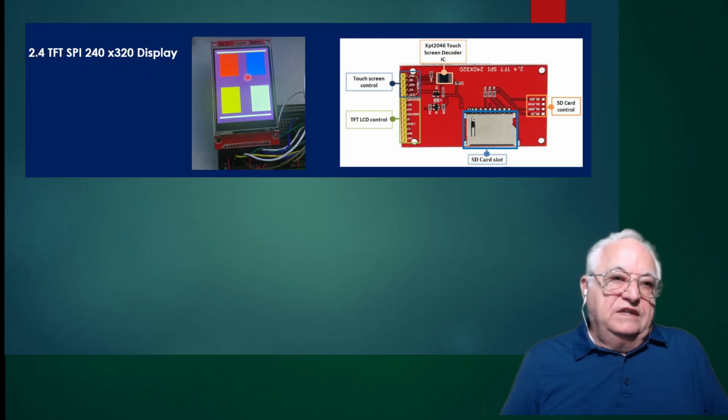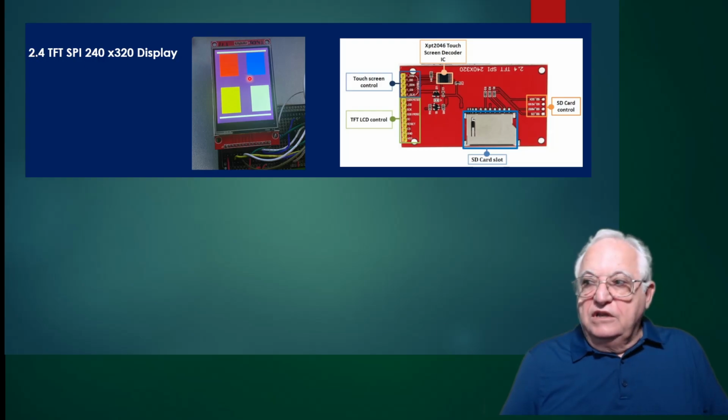This is the display that we've been using all along, the 2.4 TFT SPI 240 by 320 display. If you look on the back of the display, you can see the 2046 touchscreen decoder here.